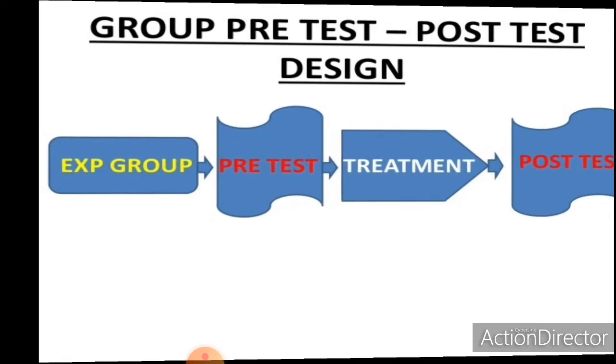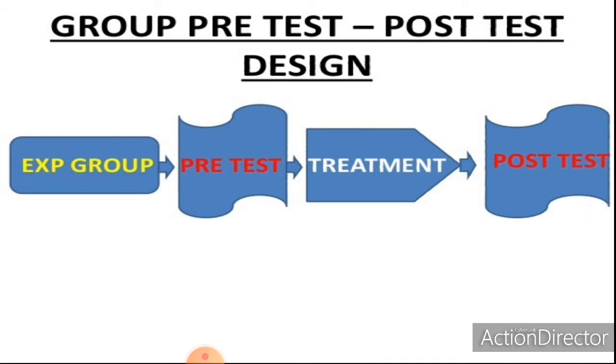So once again, in pre-test post-test design there is only one group, that is the experimental group, and the researcher conducts a pre-test, and after the pre-test the researcher gives some treatment to the group, and after that treatment the researcher again conducts a post-test. So this is the way the pre-test post-test design is conducted.